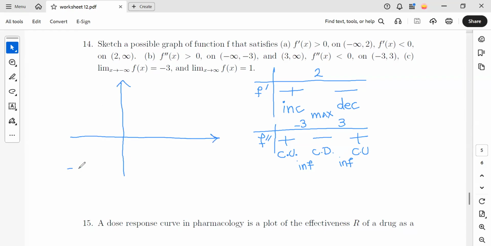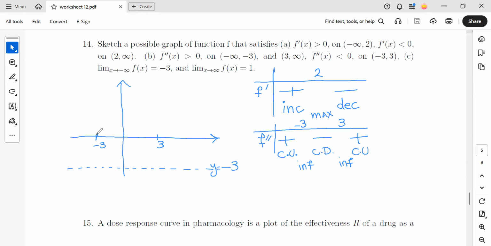So we know that since the limit when x is approaching negative infinity is -3, y equals -3 is an asymptote. And we know that on -3 to 3, f double prime is negative, which means concave down.